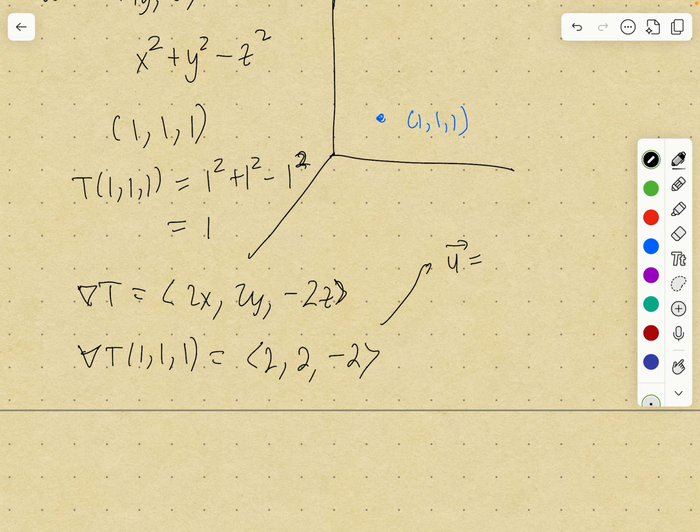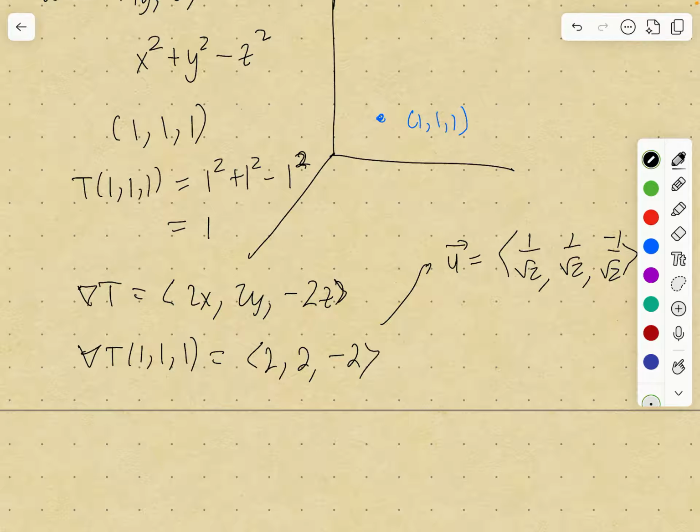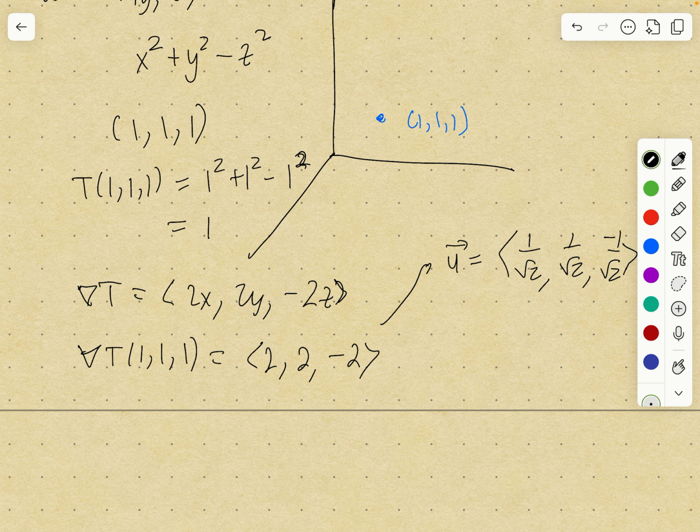Let's see, is that normalized? No, it's not.